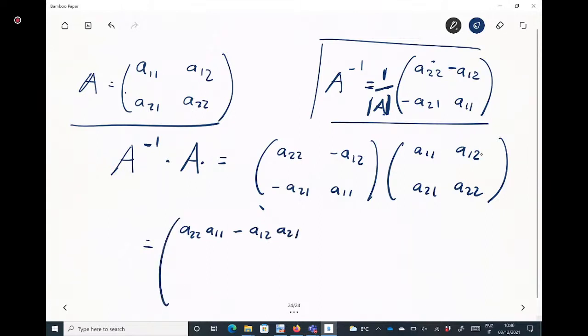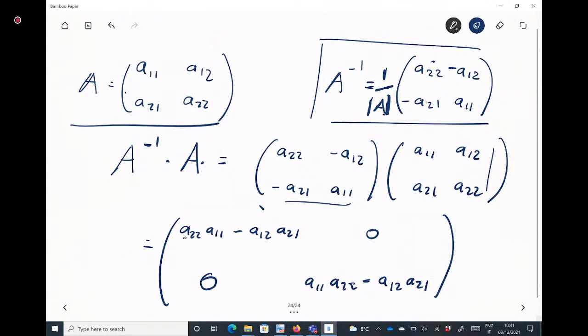Now, A22 times A12 minus A12 times A22, which is 0. Minus A21, A11 plus A11, A21, which is again 0. And now this times this is minus A21, A12 plus A11, A22. So it is again A11, A22 minus A12, A21.